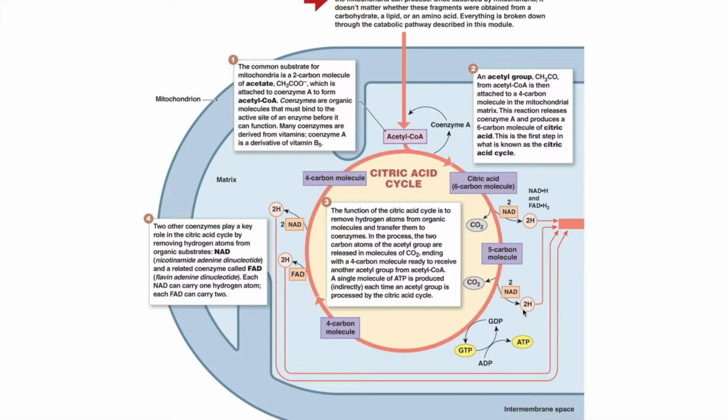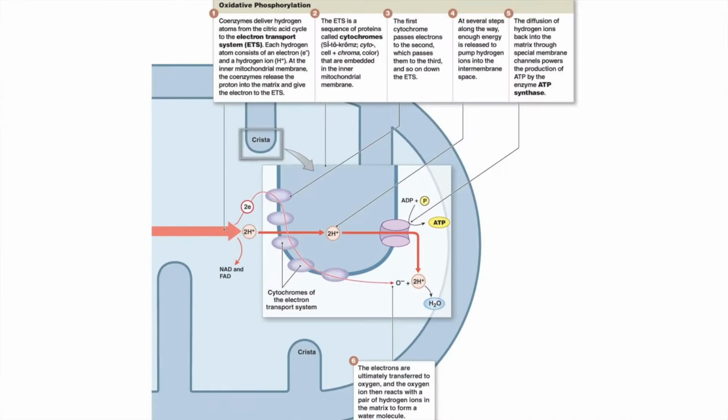And also in this process, ATP is produced, carbon dioxide is produced. And it's really the energy that's stored in the bonds of these molecules that we're trying to release. The FAD and the NAD are going to go to the electron transport chain.